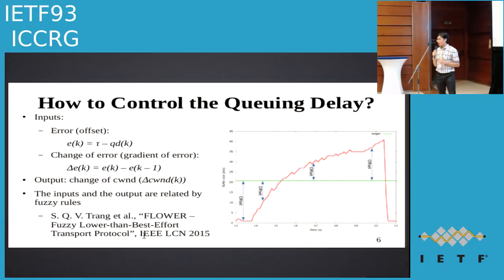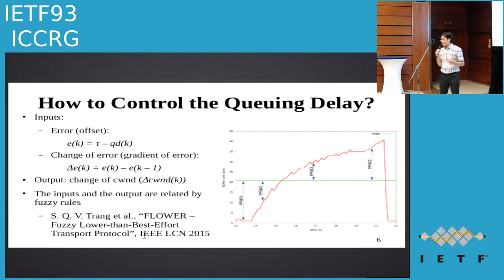The error is the difference between the target and the current queuing delay. It shows two things. The first is whether the current queuing delay is below or above the target. The second is how far the queuing delay is from the target. On the other hand, the change of error shows us how fast the current queuing delay is rising or reducing.